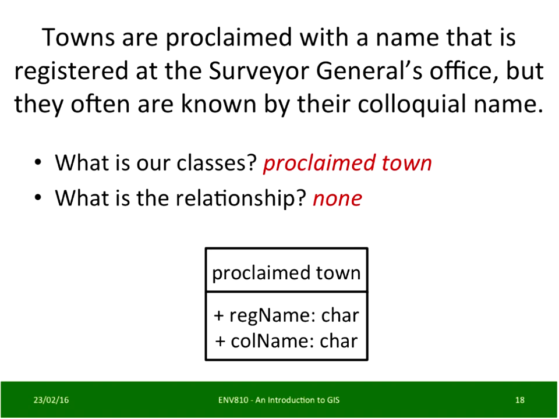So I have the proclaimed town clause. I added the registered name as a char, which means it's a string value, so alphanumeric characters. And then I added a colloquial name variable as well. So these two attributes then described the proclaimed town.